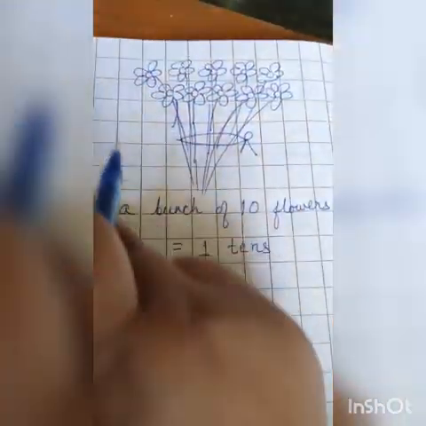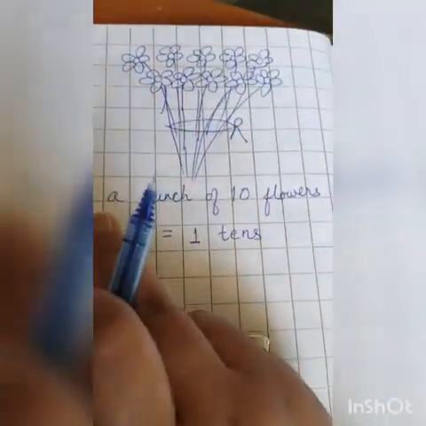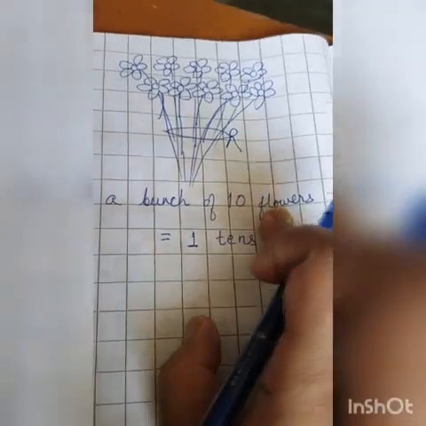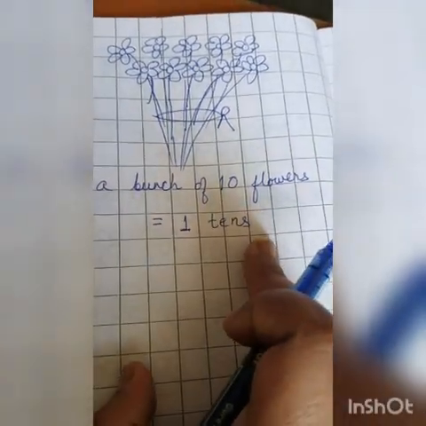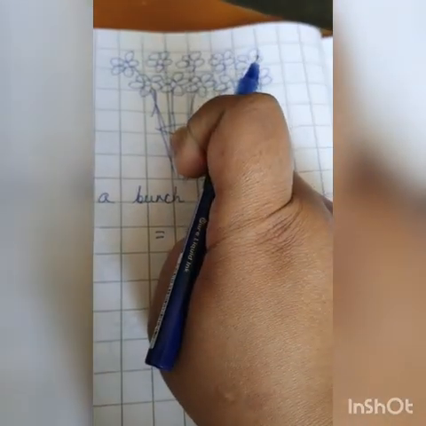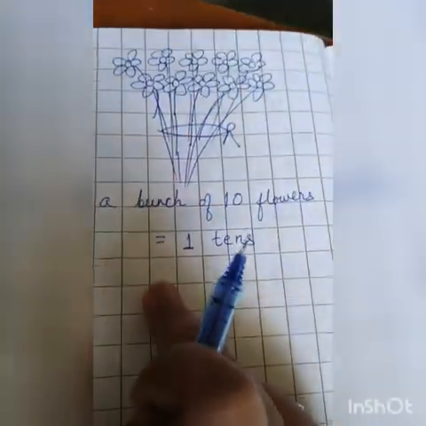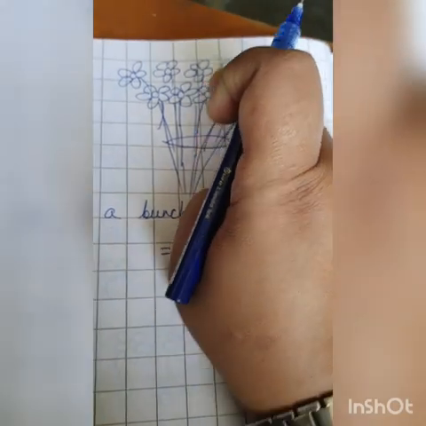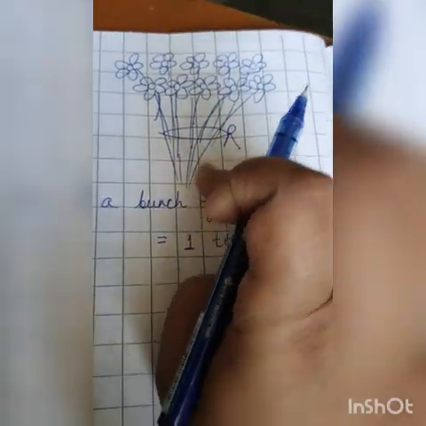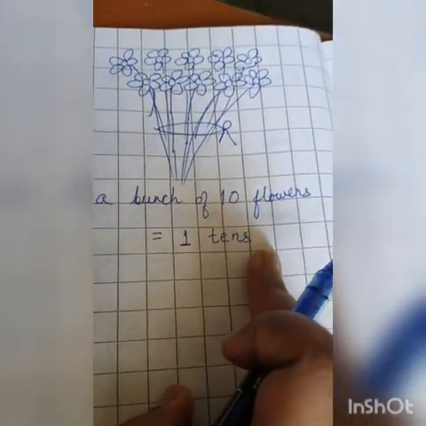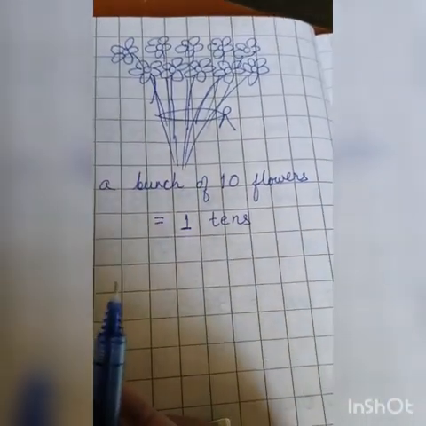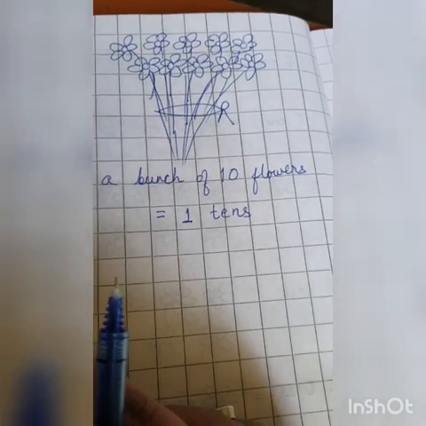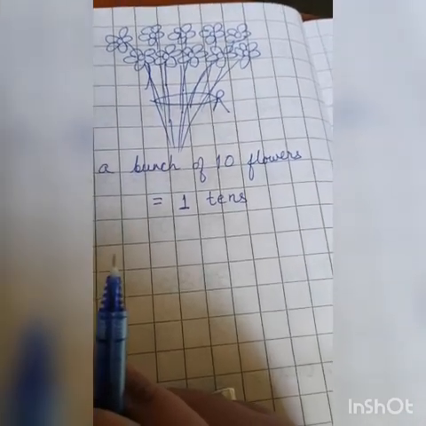This is a bunch of flowers. So a bunch of 10 flowers is equal to 1 tens. One bundle of 10 flowers. 1 tens. So are you clear? What is 1 tens?